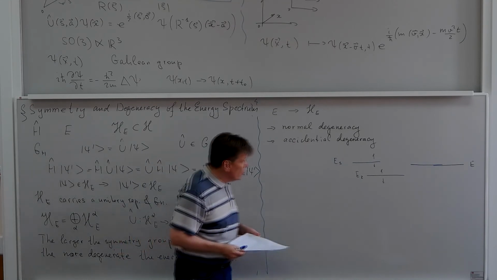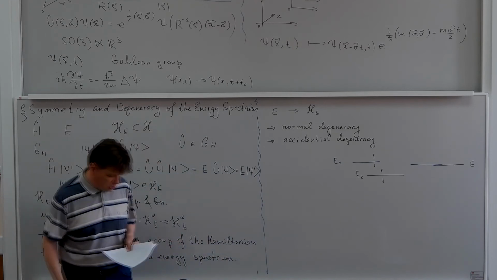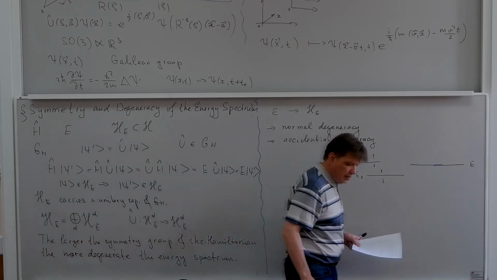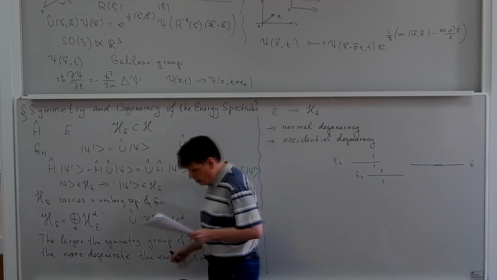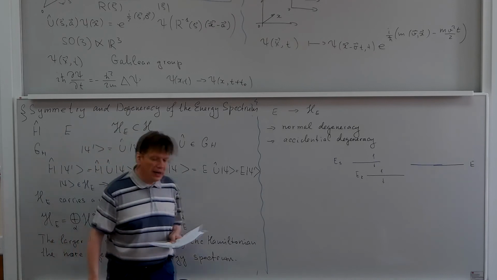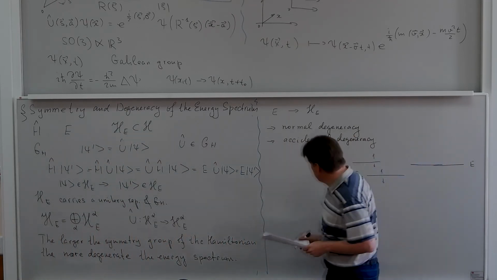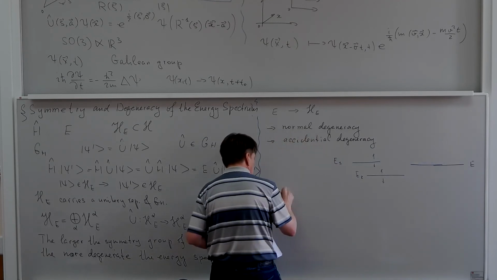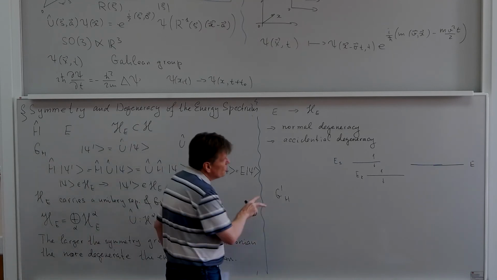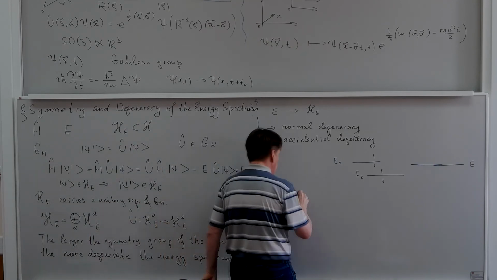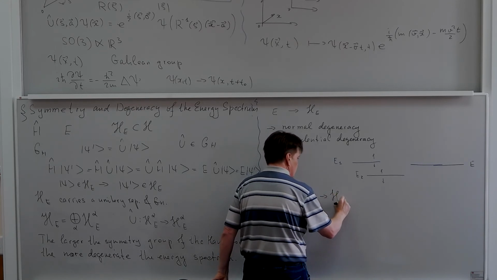If for a particular Hamiltonian, for a theoretical Hamiltonian, one finds systematic accidental degeneracy, which sounds like an oxymoron, this most probably implies the existence of a larger group of symmetry. Let me denote it G prime, a larger group of symmetries, which acts irreducibly in the eigenspace H_E.